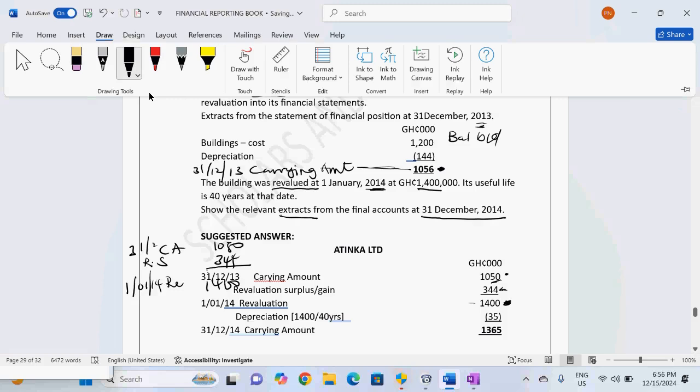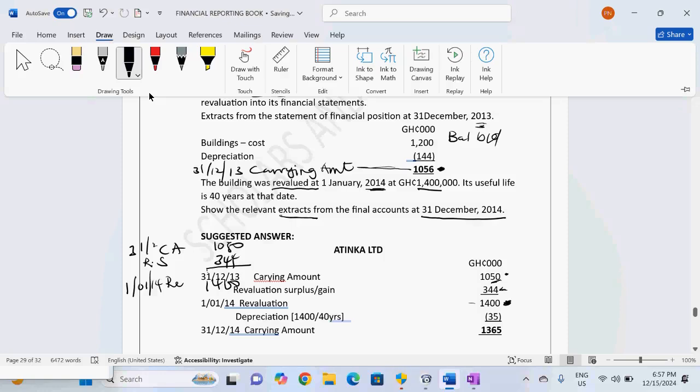So now that we have this amount, 1,400, what happens? Its useful life is 40 years at that date. So now we have the revaluation of 1,400 and a useful life of 40 years.